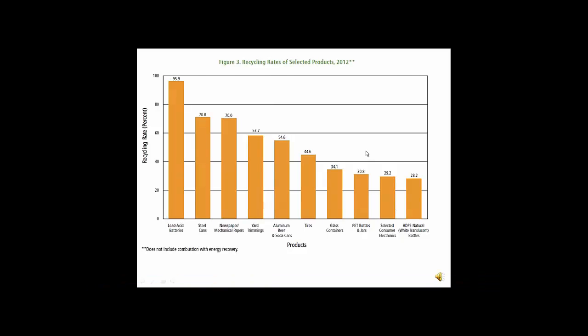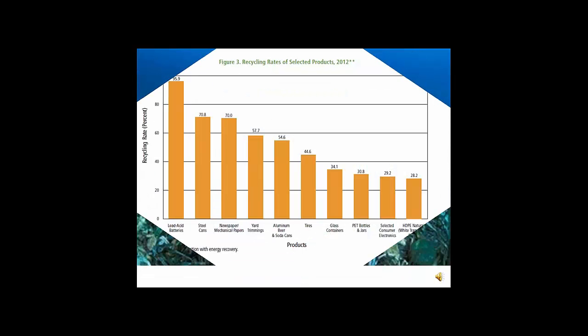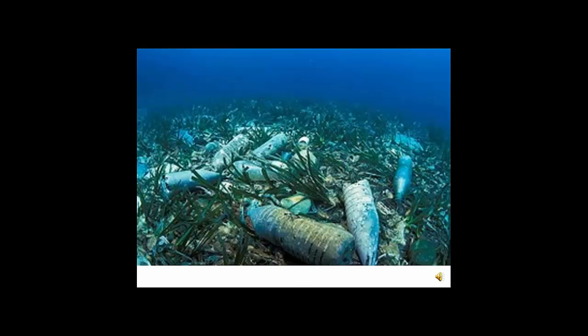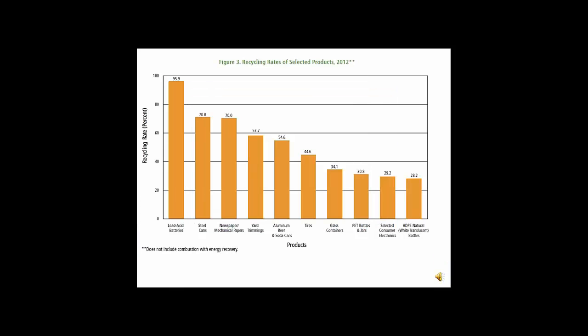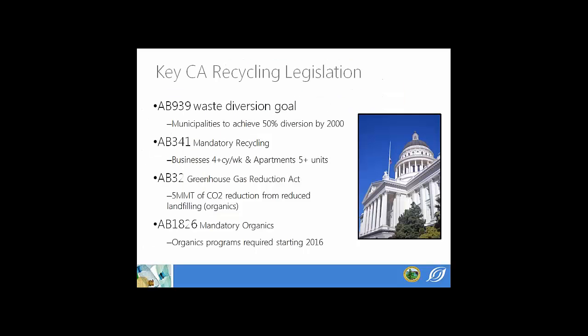Obviously, we know that plastic is a huge detriment to ocean pollution and waterway systems. Even though they may not be toxic as a plastic, they're very toxic to our environment. And then electronics is another one. They contain lots of heavy metals, so making sure that those are being properly reused and recycled is important.